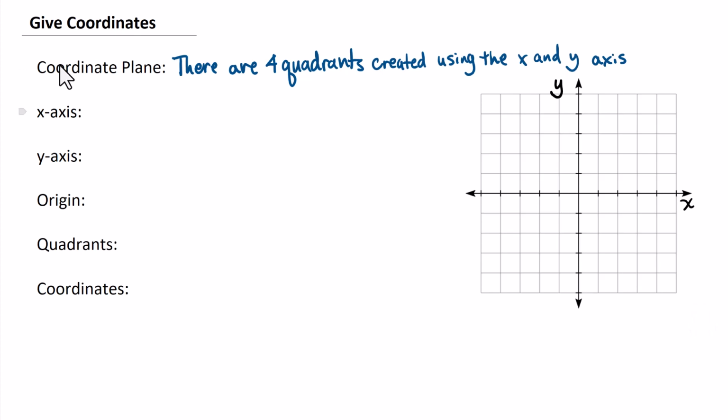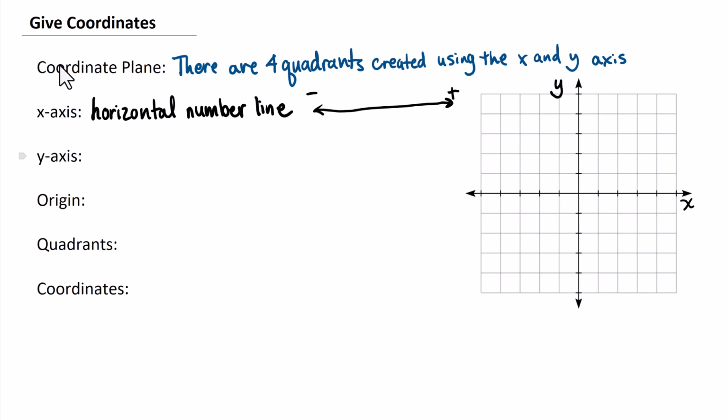So when we say x-axis, we're referencing the horizontal number line, where to the left is negative or smaller values, and to the right is positive or bigger values.